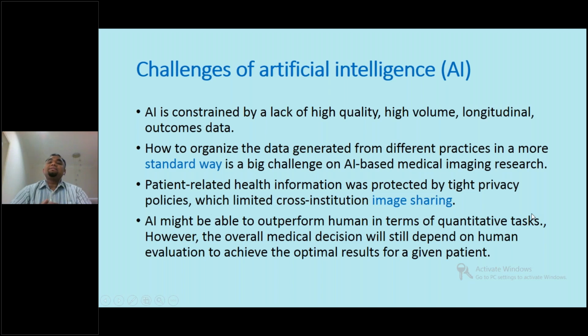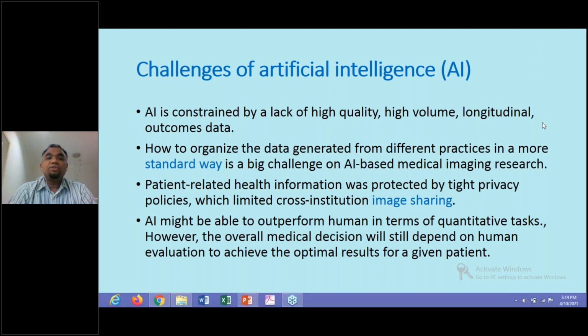However, there are some challenges that we face with artificial intelligence, especially in order to have one artificial intelligence that can be used throughout the facilities or modalities. At the moment, the artificial intelligence that we have is only right for a particular machine and a particular disease only. That's the constraint of artificial intelligence, in which it lacks high quality, high volume, and longitudinal outcomes data.